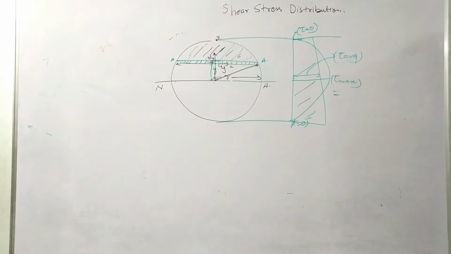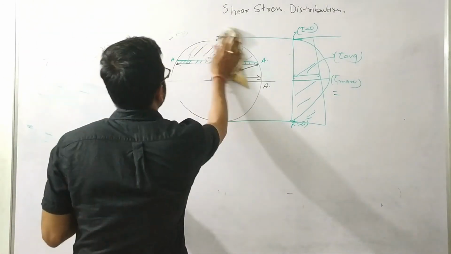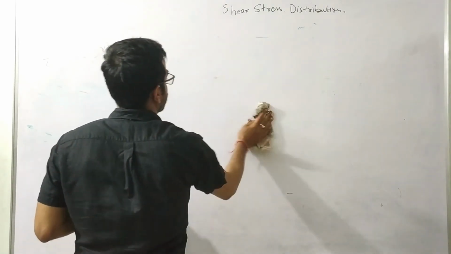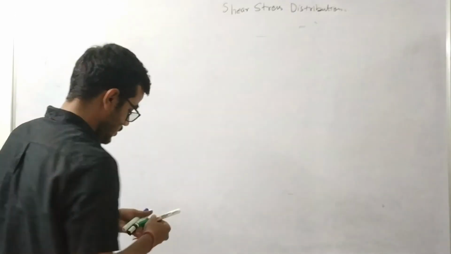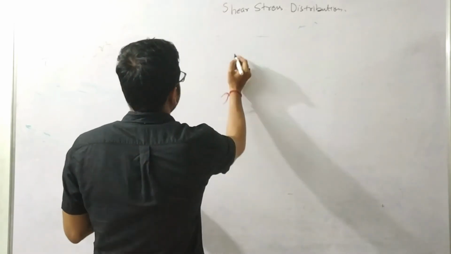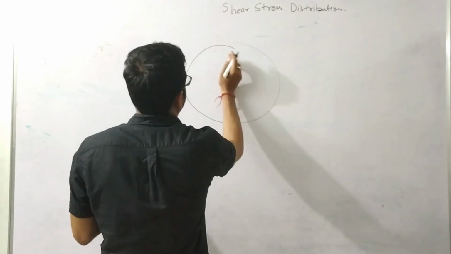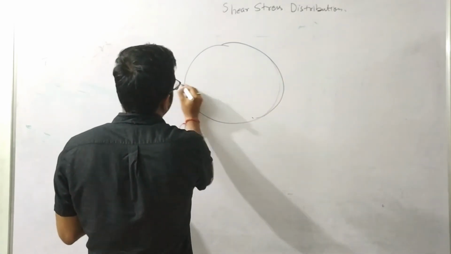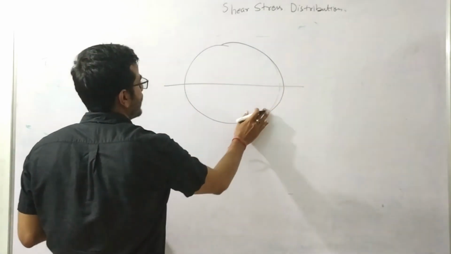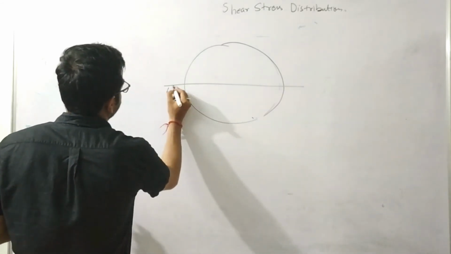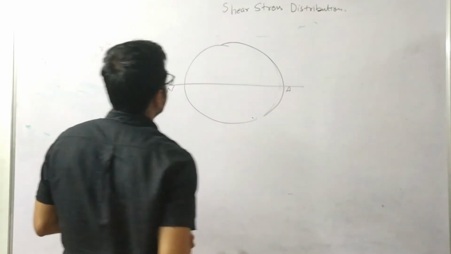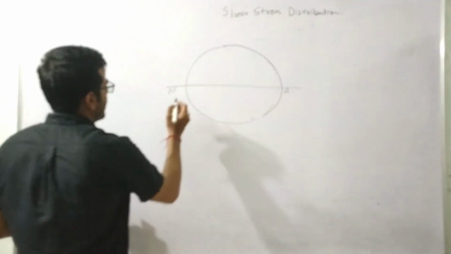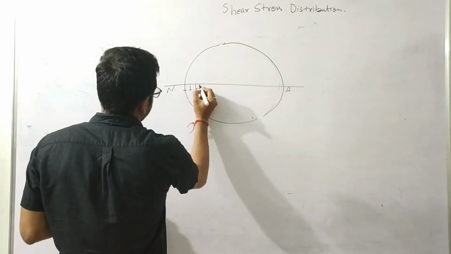If this is my cross section, this rectangular cross section of the beam, and this is the neutral axis, remember one thing: the first moment of area will be maximum at the neutral axis. At the neutral axis, I know that my shear stress distribution will look like this.